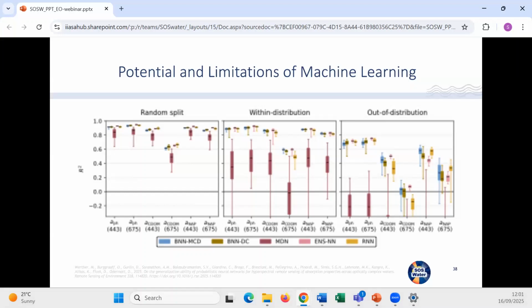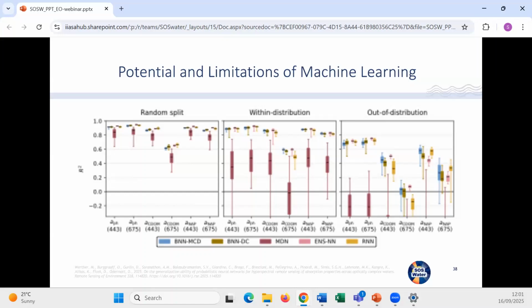In the situation on the left, we used a random split validation, so the distribution is the same in the training and in the test data. And in these situations, machine learning algorithms consistently perform very well for all parameters apart from CDOM at 675 nanometers.